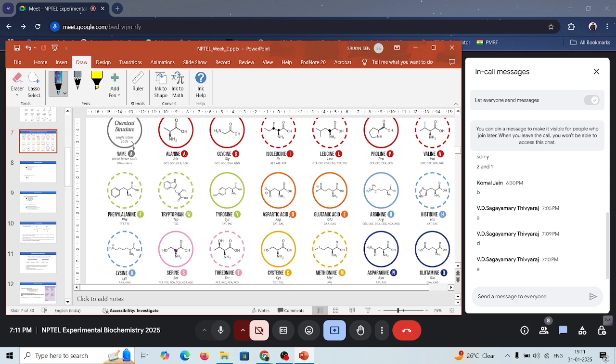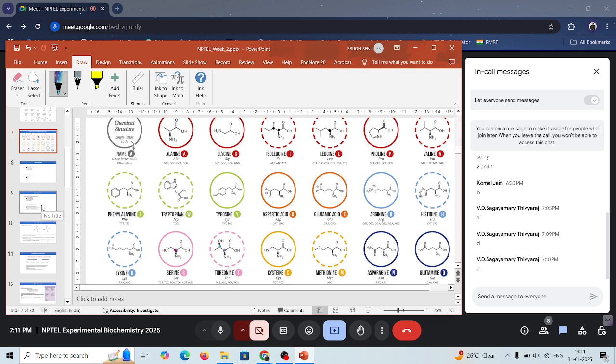What about threonine? Where is threonine? Okay, so one group is this. You have a methyl group over here and an H over here. So one, and the other one is this. So two.